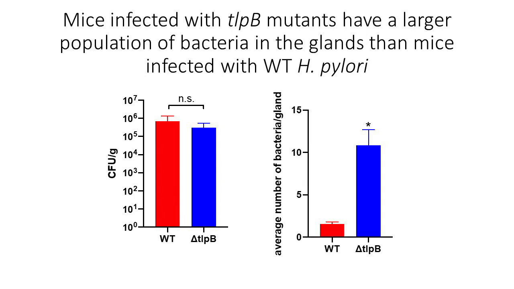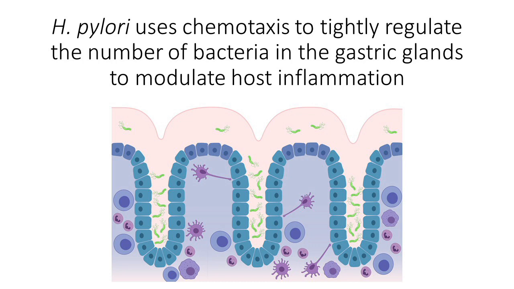And we saw that there was the same total number of bacteria. So we really think what is happening is that H. pylori is using chemotaxis to regulate the number of bacteria in the gastric glands. And this is used to modulate the amount of inflammation that is elicited by the host to control the infection.